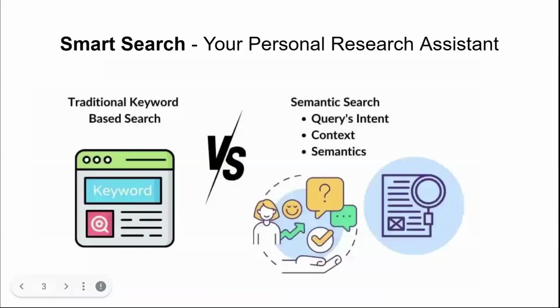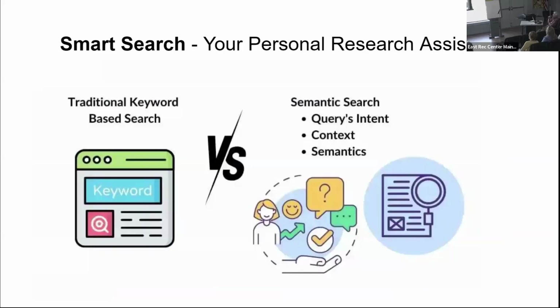So the thing to focus on here is actually the term smart search, your personal research assistant. When we're using one of these chatbots, we are basically engaging a personal assistant. One of the examples I'll use is, have you ever wanted to know which of the various restaurants in Sonoma have brunch on Sunday? Well, it's easy to find.